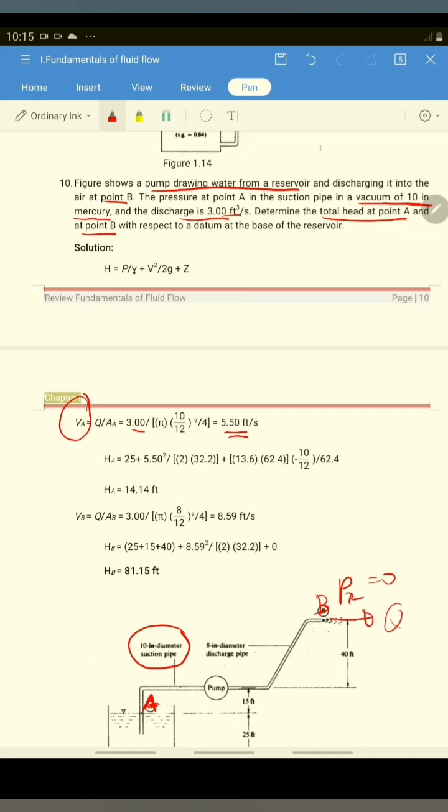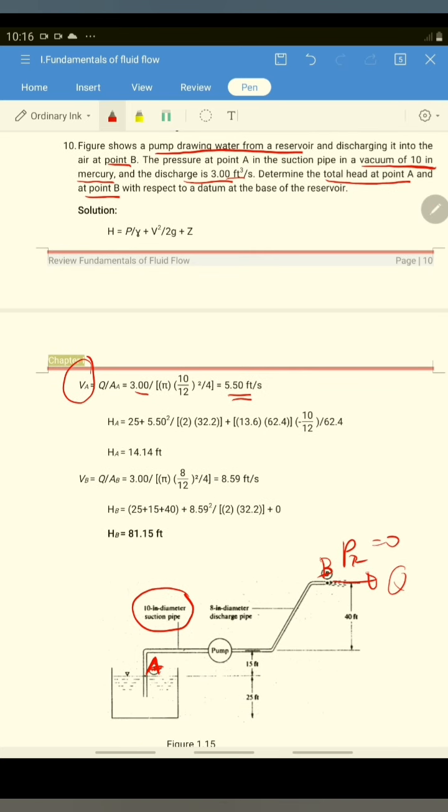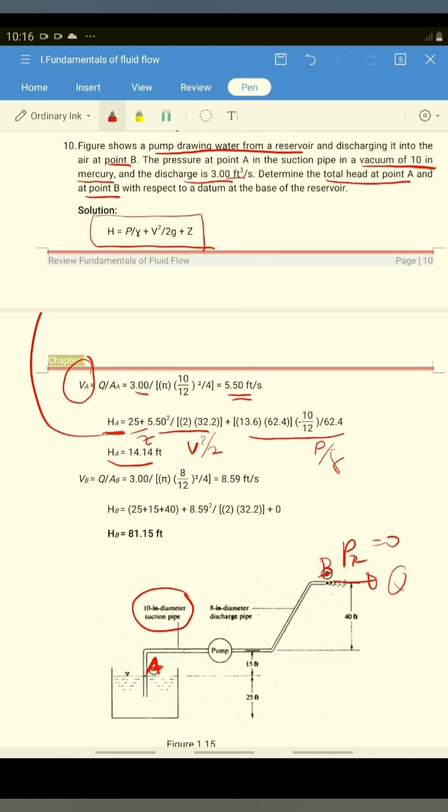What is the elevation? You have 25. So you can get the head at A. The head at A is equal to this equation, P over gamma plus V squared over 2g plus Z, where this is your P over gamma, this is your velocity head, V squared over 2g, and this is your Z. So the head at A is equal to 14.14 feet.